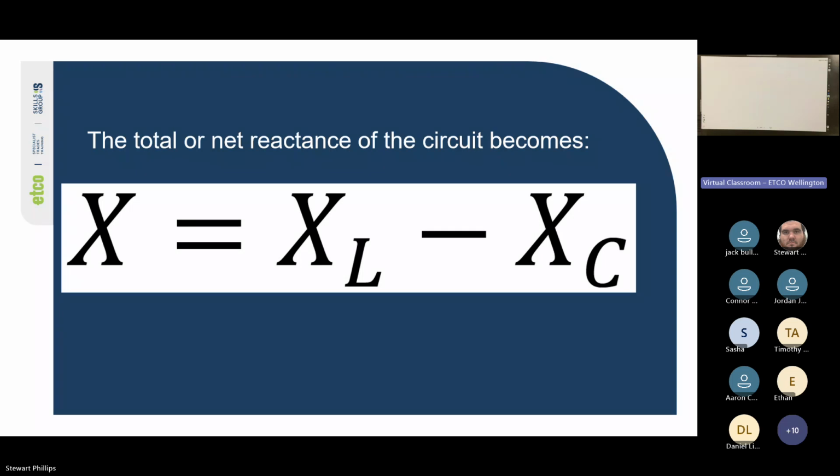It doesn't matter whether you go XL minus XC or XC minus XL. It's going to give you either a whole number or a negative number. Either way, it's going to tell you whether it's more inductive or more capacitive, and which way to draw your triangle if you need to.